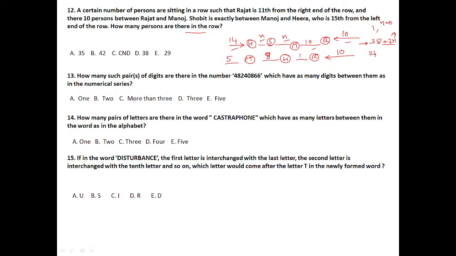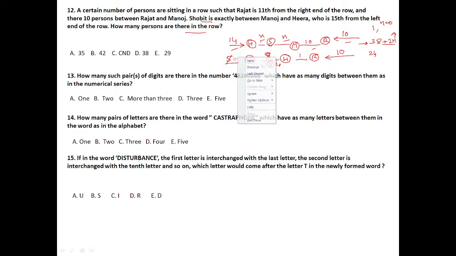But one important statement is there: Shobit is exactly between Manoj and Hira. So can you sit Shobit here? Because with 8 persons, 4 and 4, you can at most divide equally. So what you can do, just take this not as 5 but either 6 or 4.